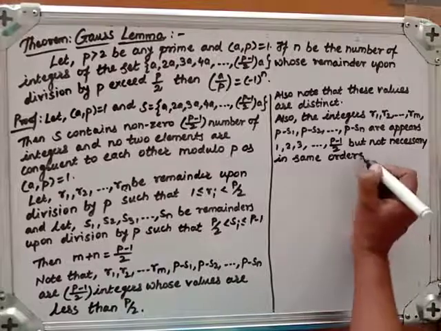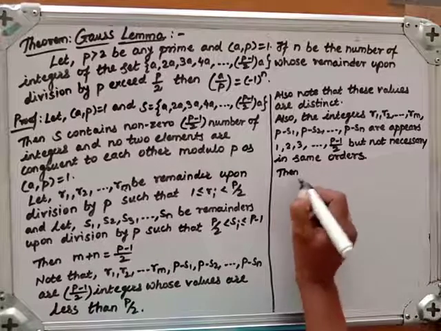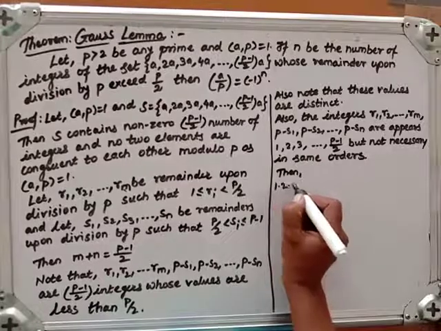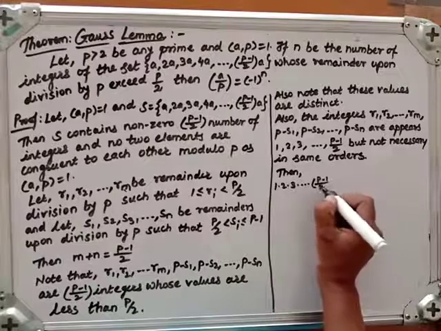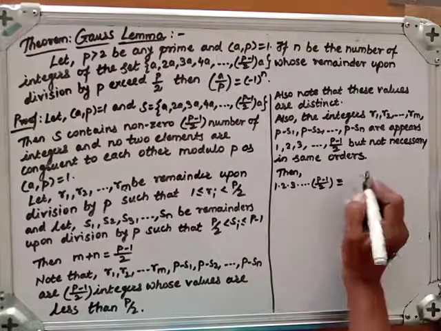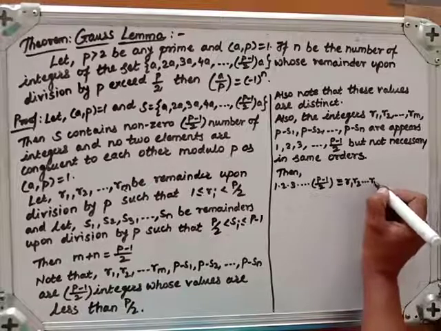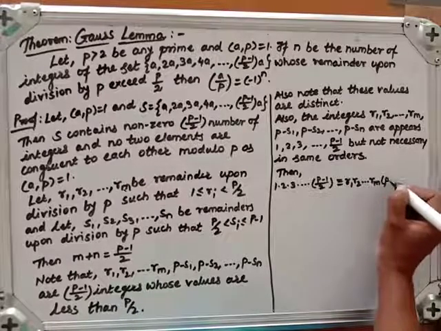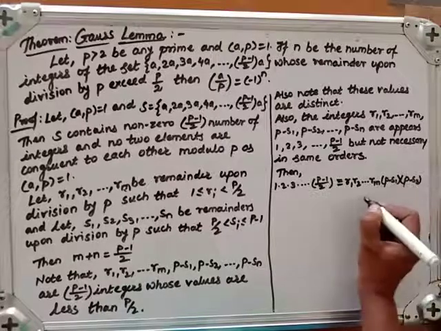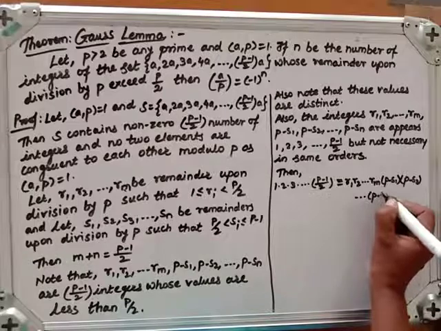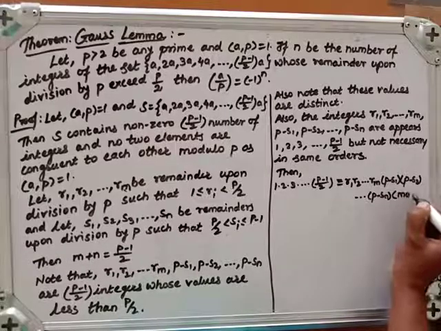Then here, 1 into 2 into 3 and so on up to (p minus 1) by 2 is congruent to r1 into r2 and so on up to rm into (p minus s1) into (p minus s2) and so on up to (p minus sn) modulo p.